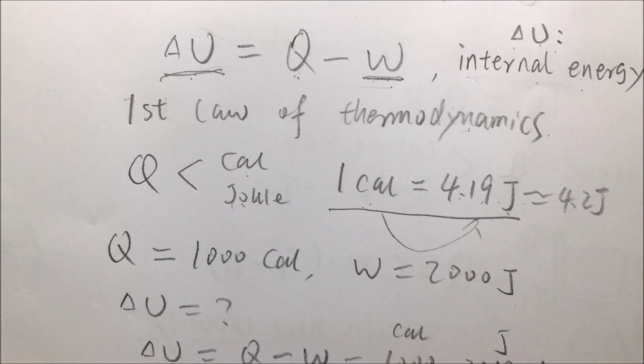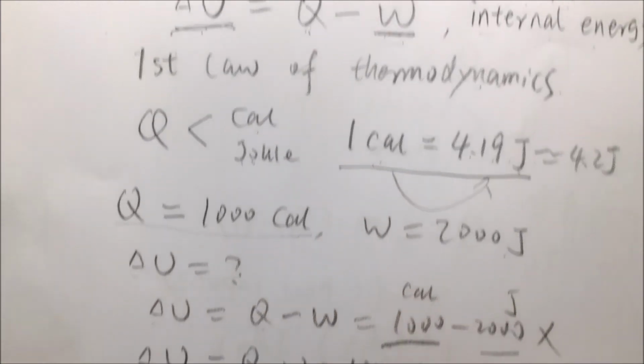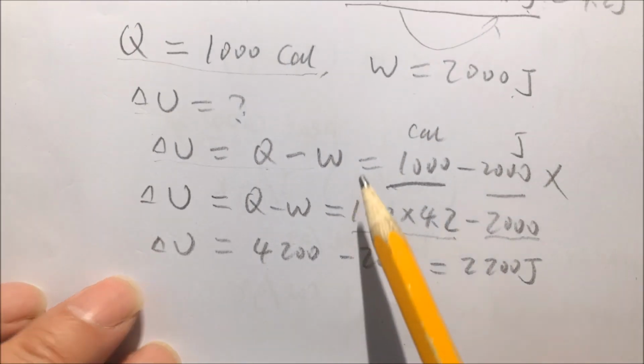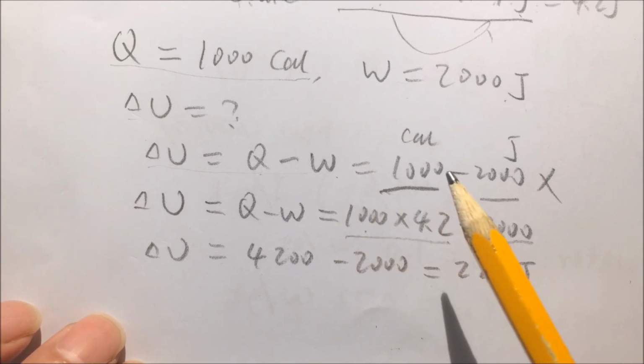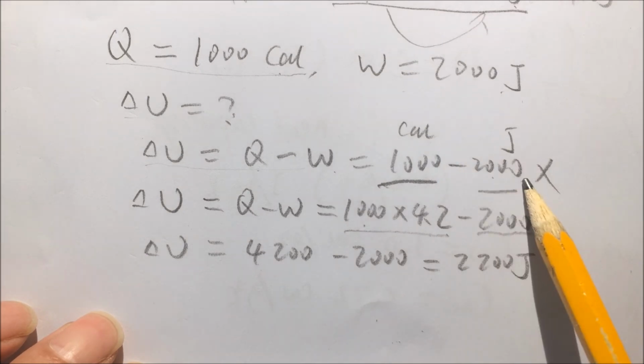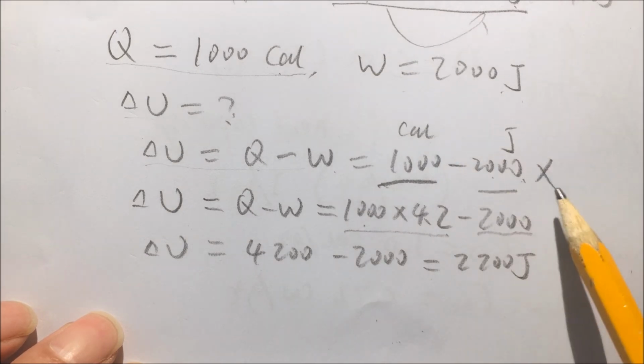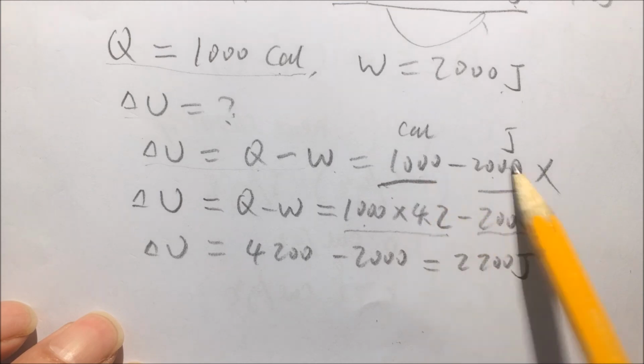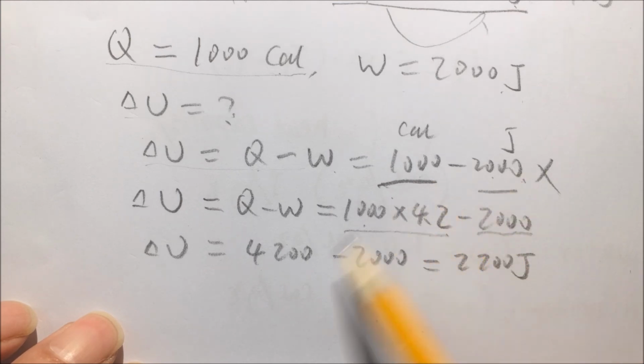Let's give an example. Suppose the heat flowing into the system is 1,000 calorie and the work done by the gas is 2,000 joule. Then how to calculate the internal energy change of the gas? According to the first law of thermodynamics, it is equal to the heat minus the work. So you might want to use 1,000 calorie minus 2,000 joule. However, you could not do so because they have different units. So you have to do the conversion.